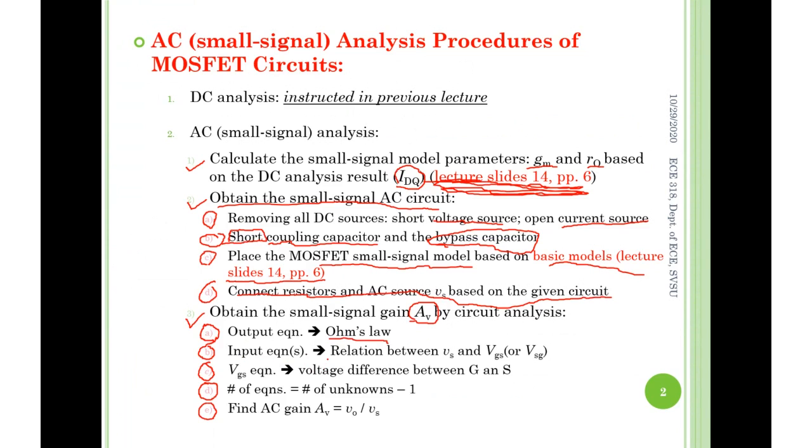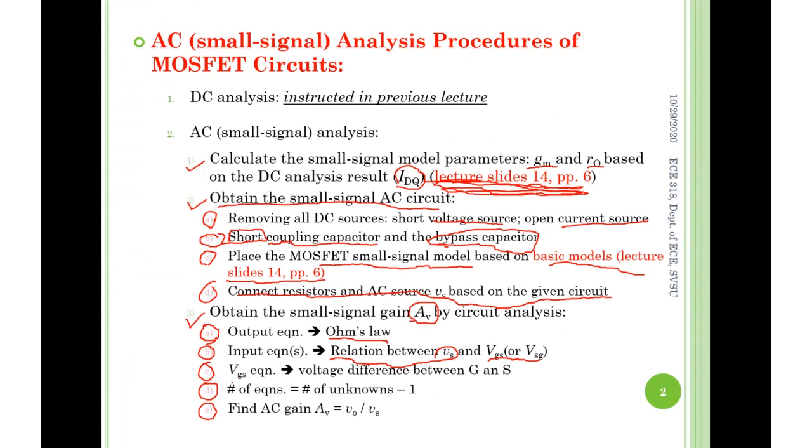What does that mean? You're trying to link the input Vs with the VGS or VSG. It's a relationship between the Vs and the VGS. Either use a voltage divider or a KVL loop. Either way, you can find an equation in terms of both Vs and VGS or VSG. This is what I said: trying to link the input source Vs and the VGS.